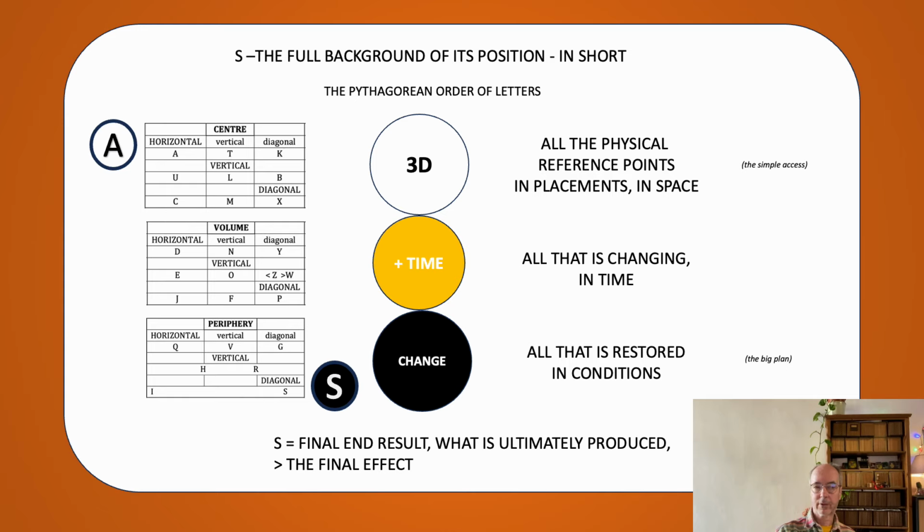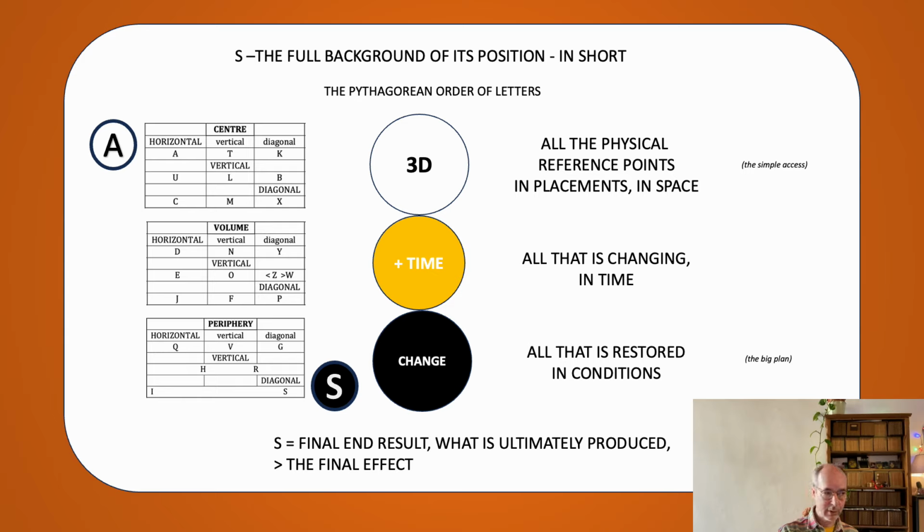And the first 9 letters, they are on the order of the 3-dimensional world and perspective. So they are real physical reference points as placements in space. So in the 3 dimensions, let's say. So this is the first world.